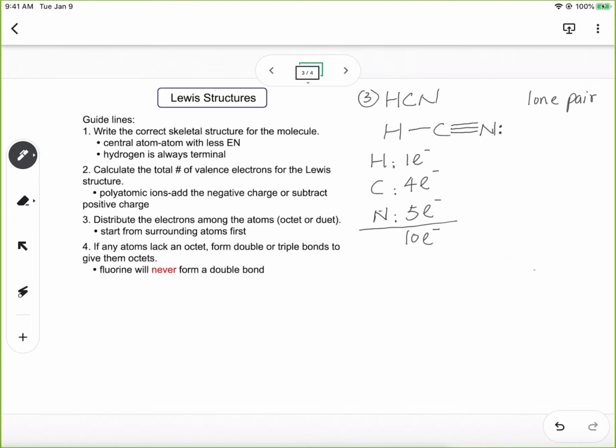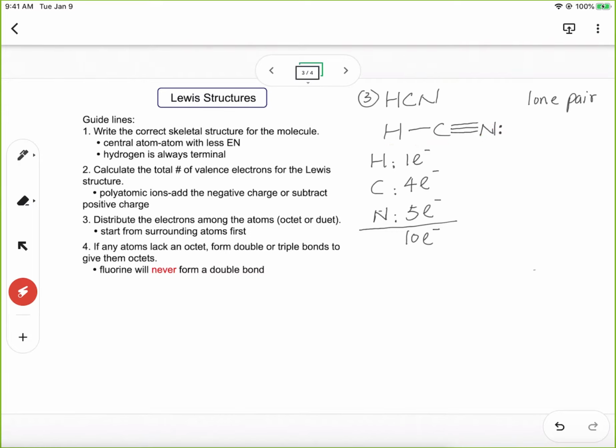All right, now you see carbon has a total of 8 electrons. 2 electrons between carbon and hydrogen, 6 electrons between carbon and nitrogen. Triple bond represents 6 electrons. Double bond represents 4 electrons. Okay, and this is the Lewis structure of HCN.